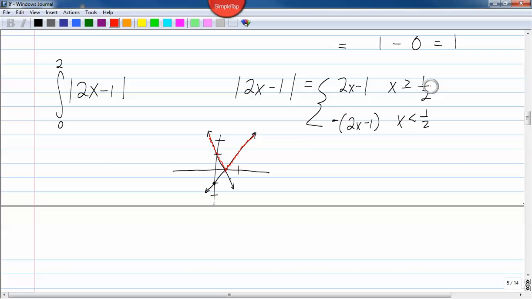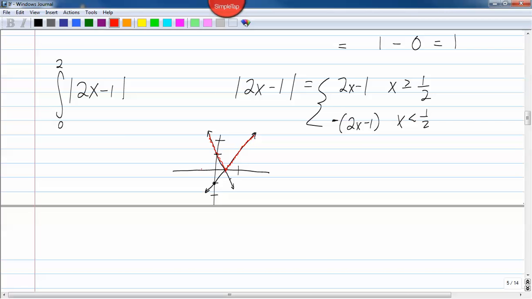That's why this is split up like it is. It's equal to this function here, which is this graph, as long as x is here or over. It's equal to this function here, this graph, when it's less than 1/2 on the x.